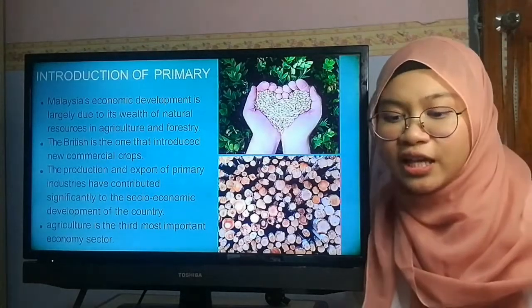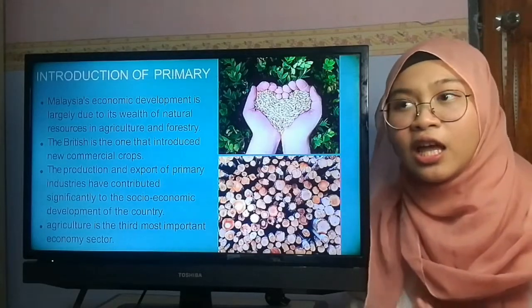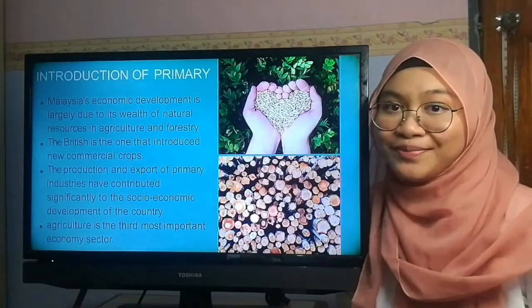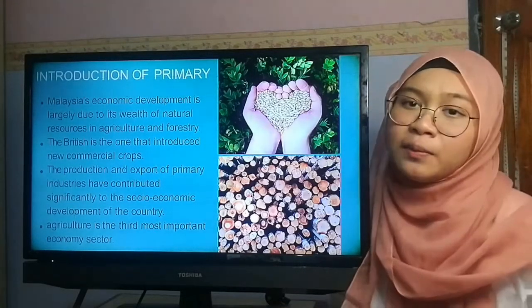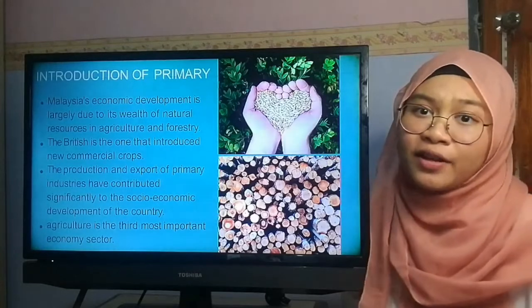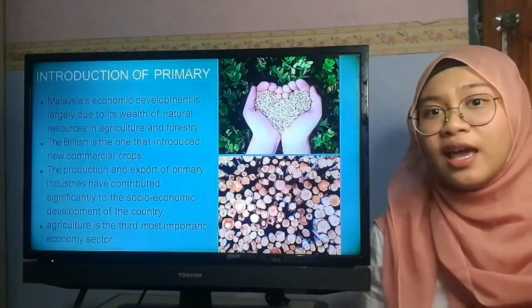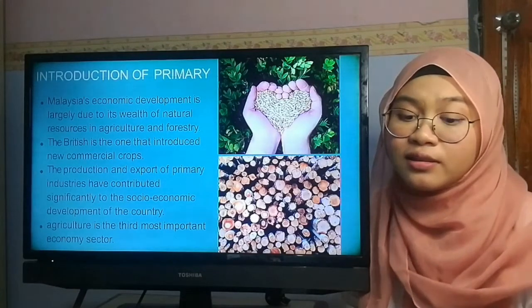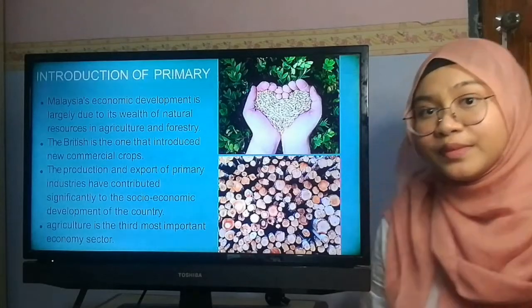The production and export of primary industry contribute significantly to the social economy of Malaysia. In 1970, Malaysia totally depended on the agriculture sector, but since then it has declined, though it is still the third most important sector in Malaysia.